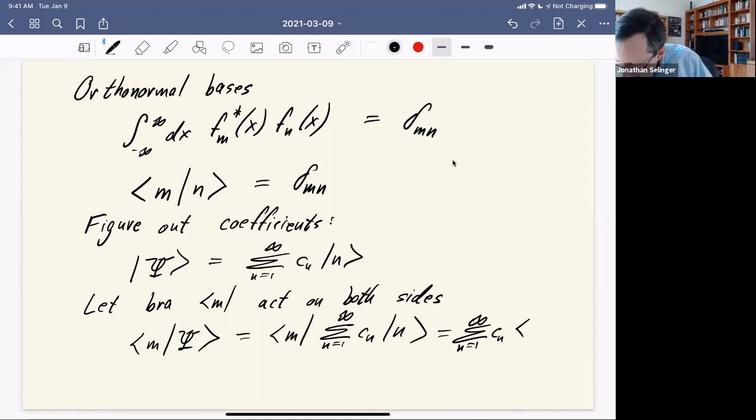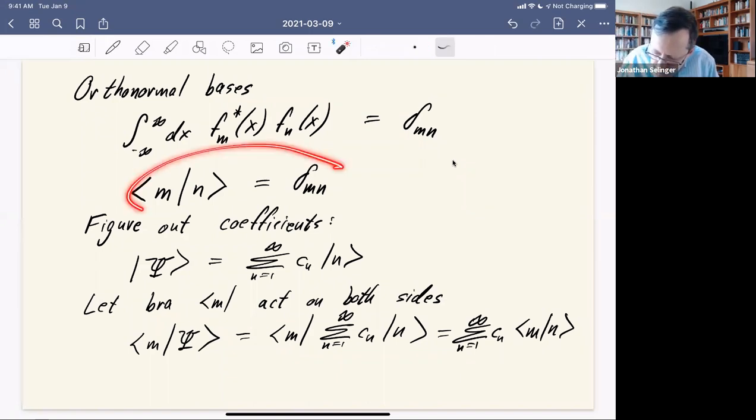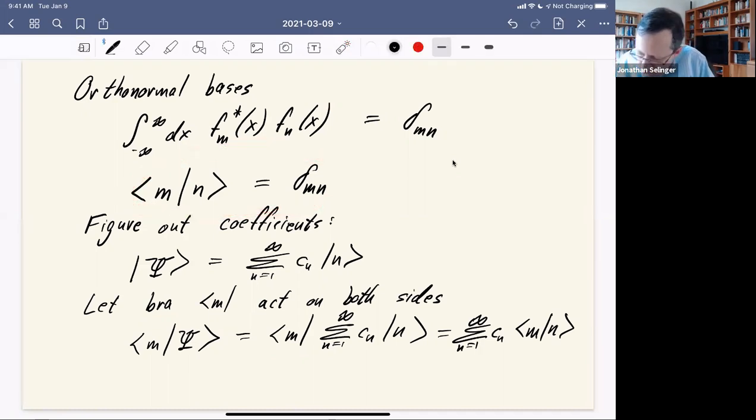Then we have the inner product of m with n, the bra m acting on the ket n, which is delta mn.